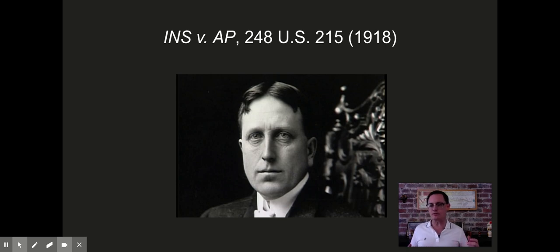And as a consequence, we also saw a dramatic consolidation of news gathering enterprises and the rise of these news gathering organizations. The Associated Press, of course, which is still around, is probably the best known of these news aggregating organizations. But the INS was a competing news service.